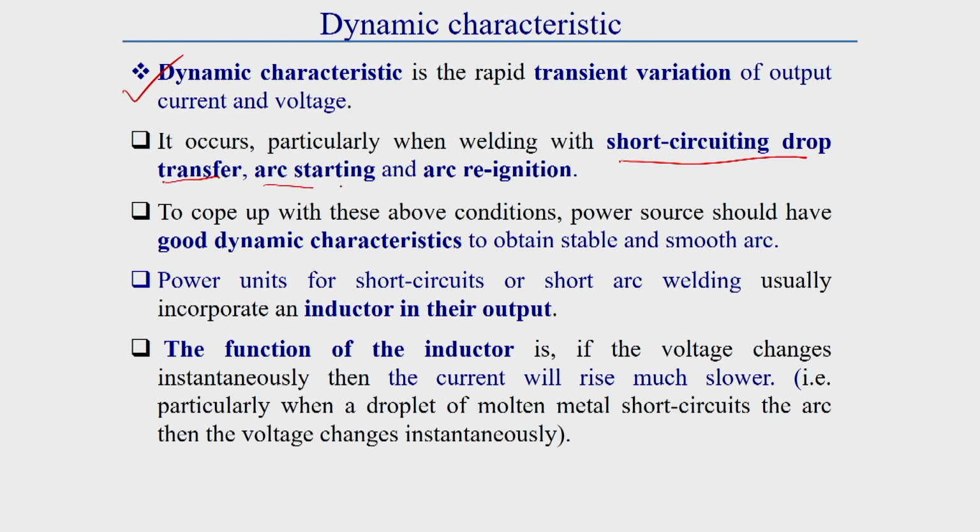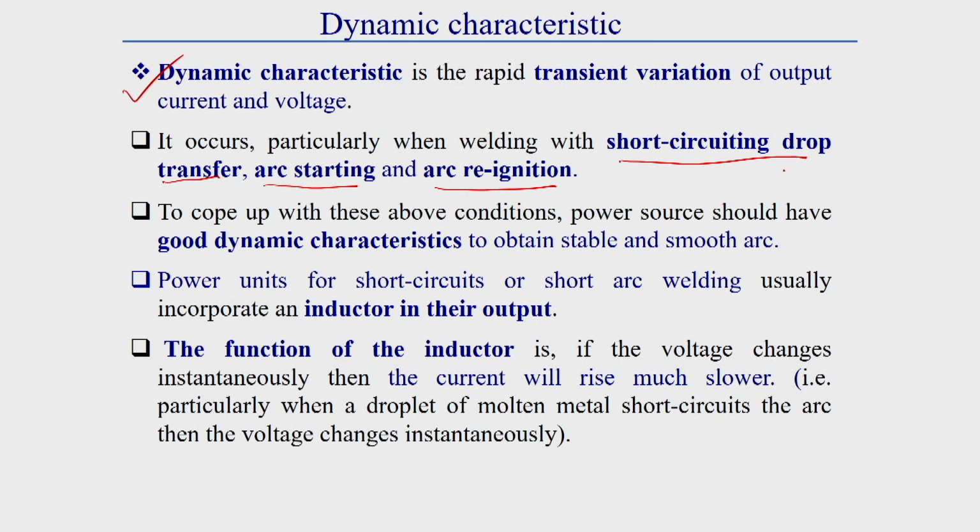Arc starting also shows a rapid change of output current and voltage, and so does arc reignition. In these situations dynamic characteristics are very important, because the output, current and voltage, depends highly on time. It is a transient variation, and a rapid change.